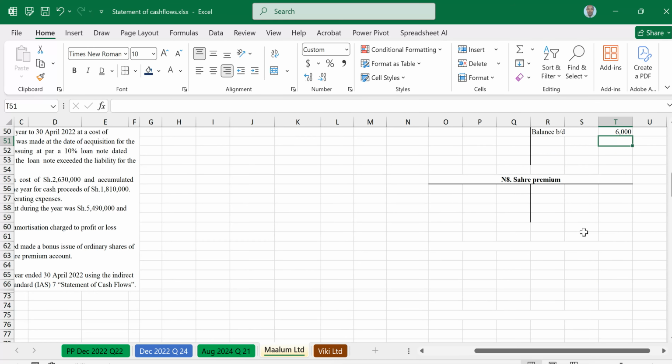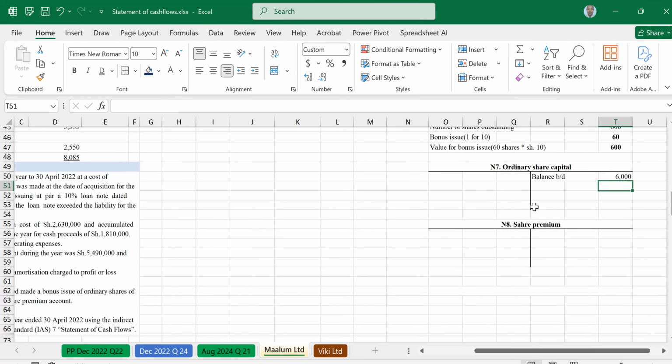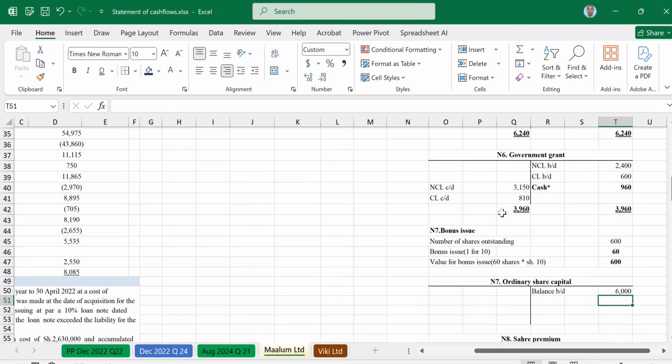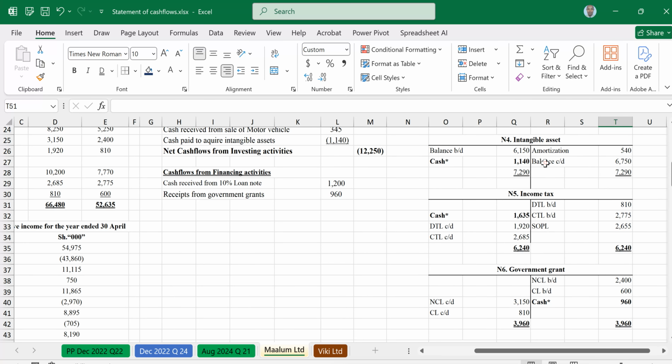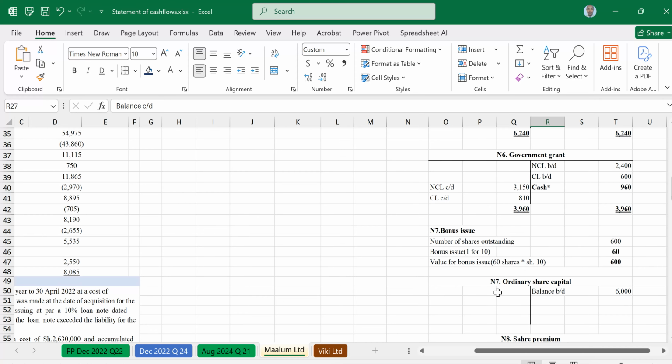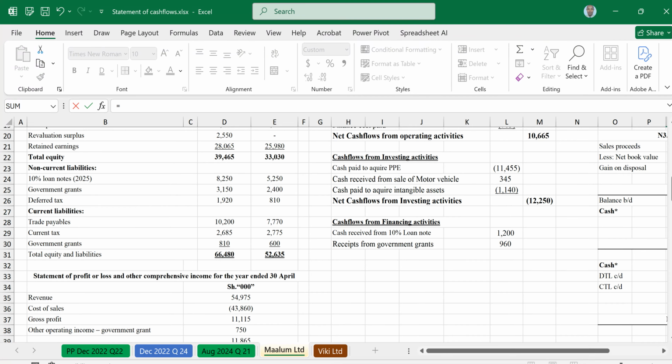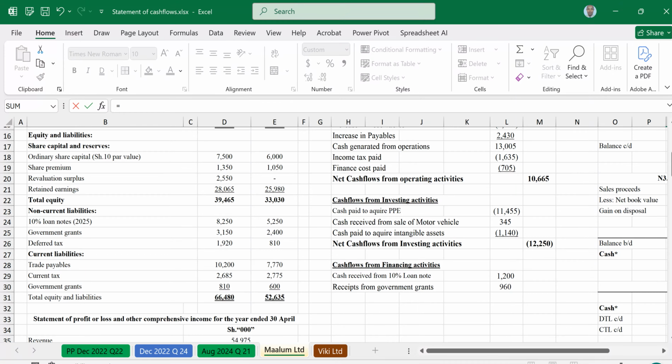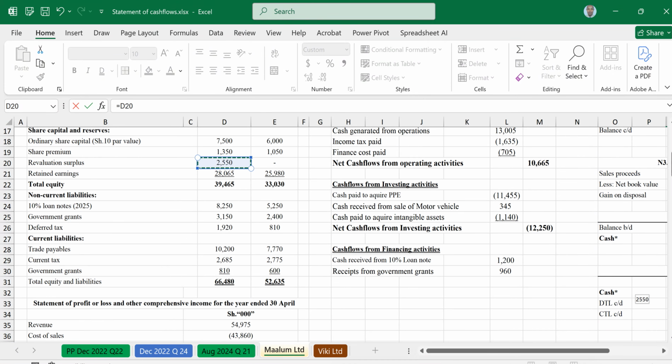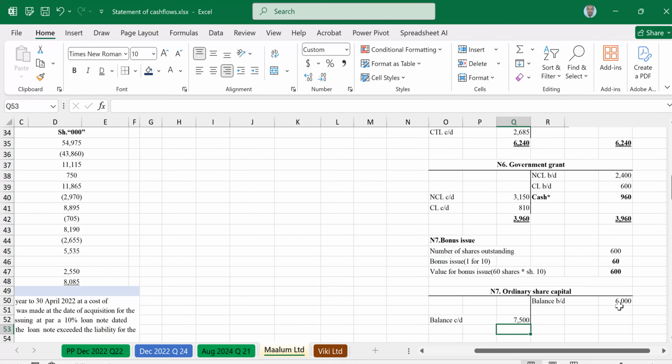Then we have a balance carried down of ordinary share capital amounting to 7,500. So that becomes the balance carried down of 7,500.